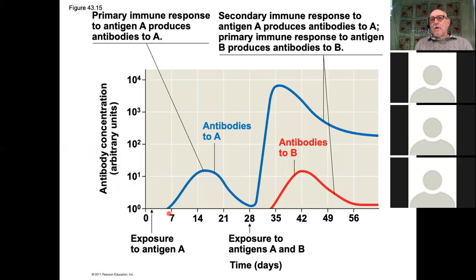Very often, we'll actually use a harmless form of the pathogen that we want to immunize against. That has been a standard way of vaccinating for many years, more than 100 years. Sometimes they will take a virus and weaken it somehow so that it can't cause an infection, but the body can learn to recognize it.